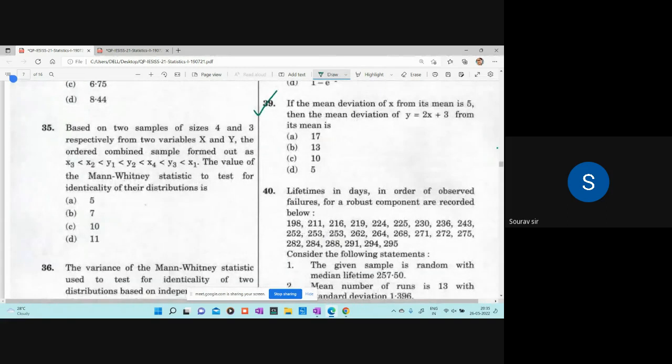Okay, next, let us start example 39. The mean deviation of x from its mean is 5. Then the mean deviation of y equals 2x plus 3 from its mean is how much? So let me write this.